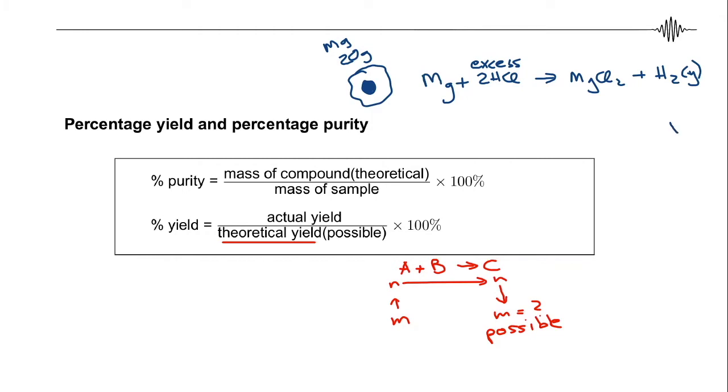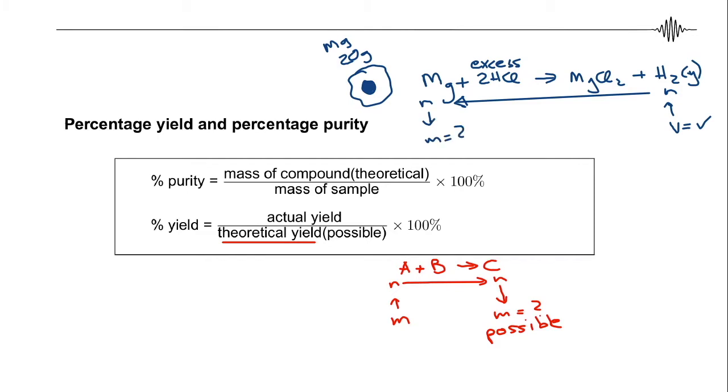And then we can measure the volume. So we have the volume that is produced, and from that we can work back. We can get the number of moles that were produced. That is going to give me the number of moles of magnesium that have reacted, and that will tell me what mass of magnesium reacted.